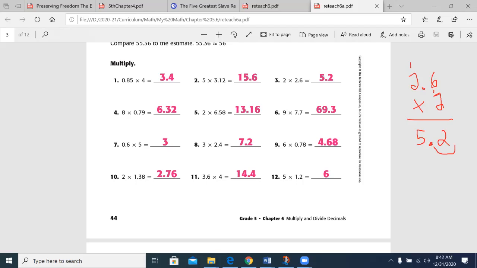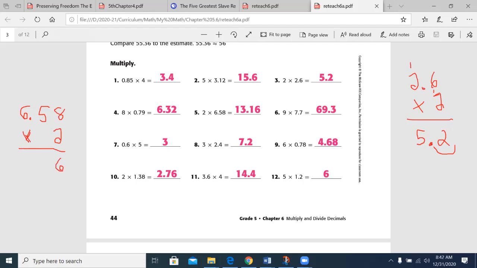Over here, let's do one more. Let's do 6.58 times 2. Start by writing it down. Standard algorithm, 8 times 2 is 16.